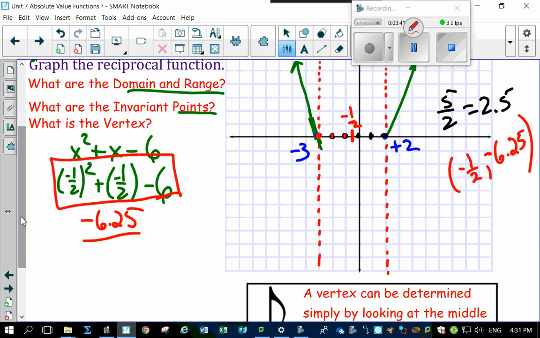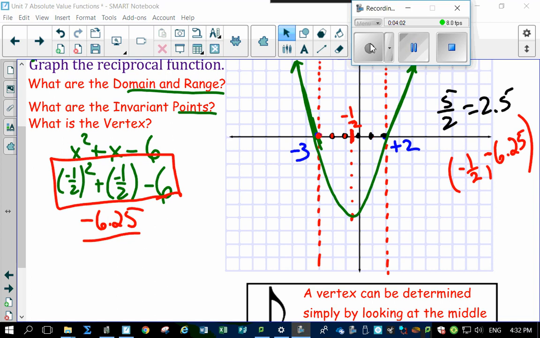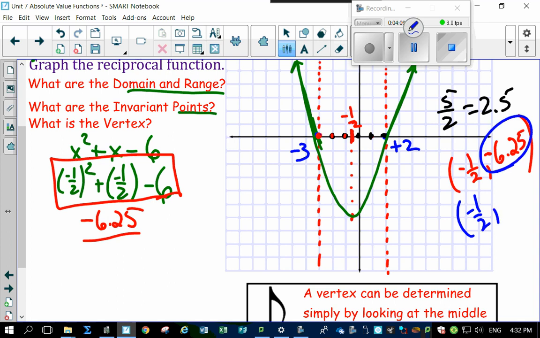So on this then, at a negative a half, I can go down 1, 2, 3, 4, 5, 6.25. So about there, and that's what my equation should look like. There's where my graph comes in, down around here like this, and comes back up to here like that. Now, the cool thing that happens here is, what is the value of the vertex when it's reciprocated?